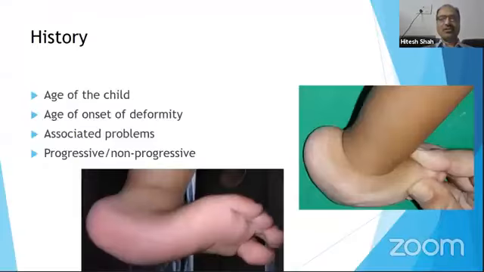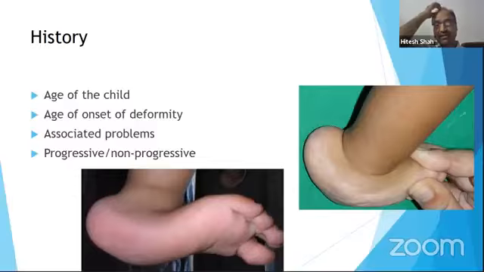The most important aspect of any foot deformity, whether clubfoot, varus or valgus, is the age and onset of the deformity, which gives an idea whether it is a congenital or an acquired problem, in a child or an adult.